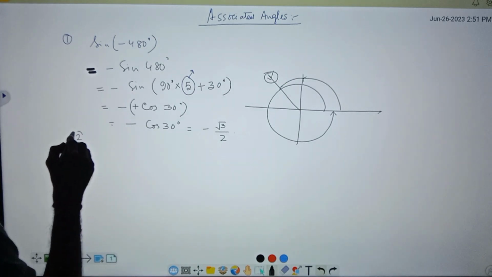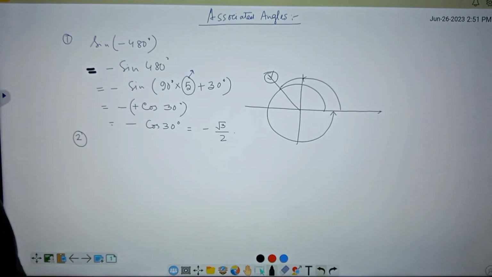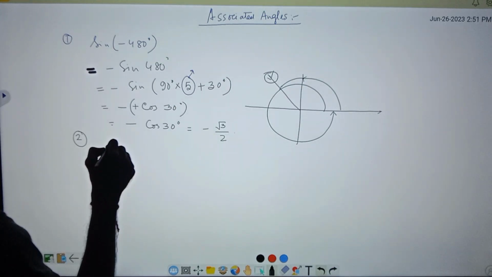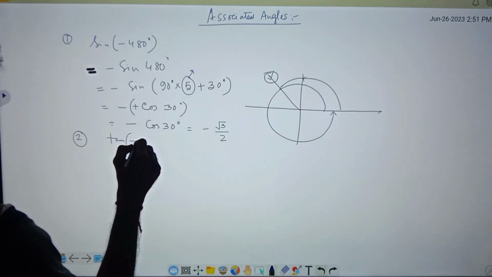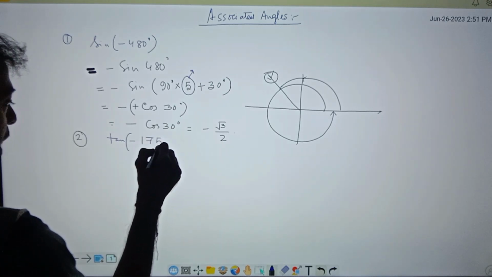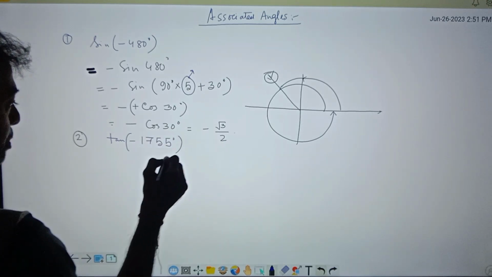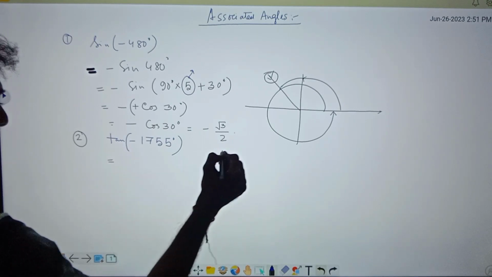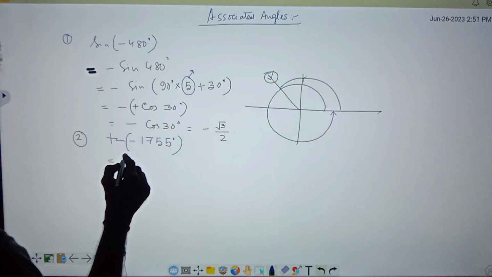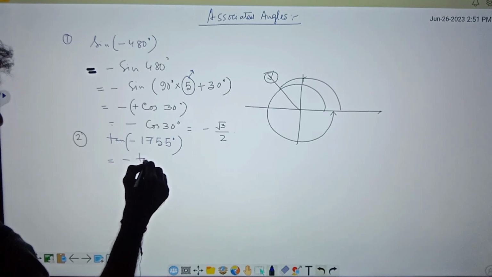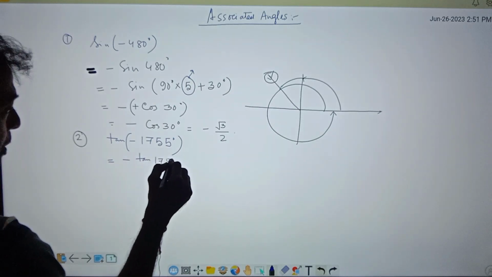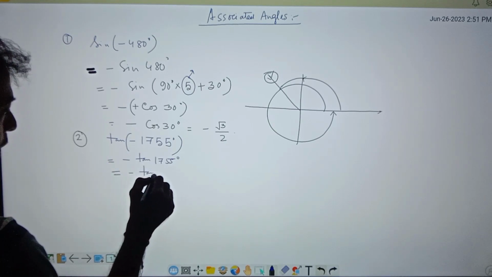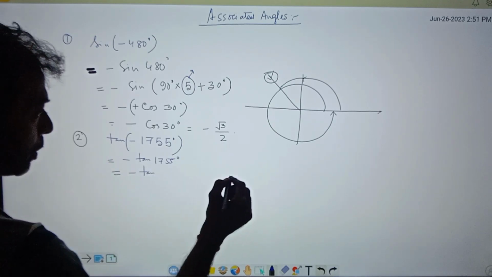Then the second problem is tan of minus 1755 degree. Using the formula that tan of minus theta equals minus tan theta, we will get minus of tan 1755 degree. Then you need to convert this angle into a multiple of 90.